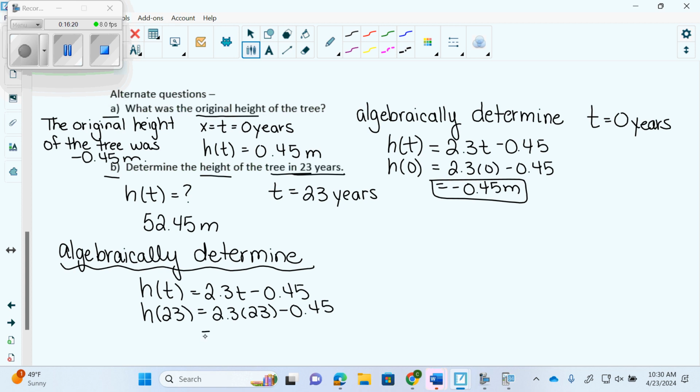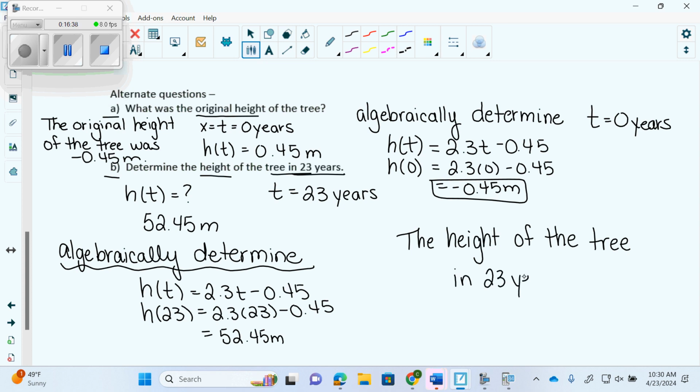When I plug that in, I get 52.45 meters. So the height of the tree in 23 years was 52.45 meters.